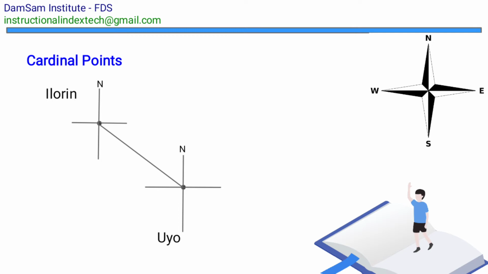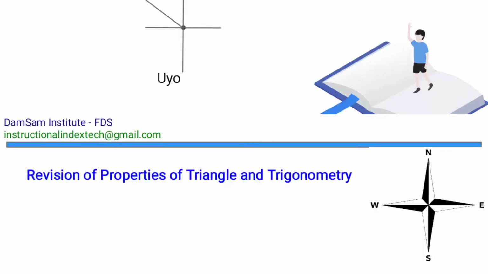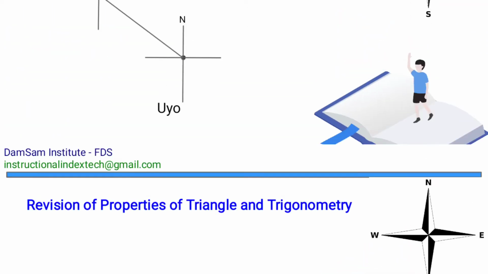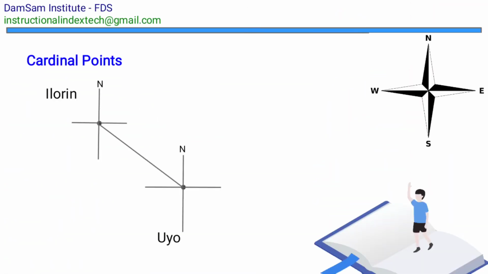And from there, we can also consider the one at Uyo. Taking a look at it very carefully, we are coming from the north and we are going straight like that. Let's try to use an indication to show what we are talking about. Sorry, I need to go back to that slide. So what we are saying is that we consider the angle coming from the north clockwise to meet that line coming from Uyo.